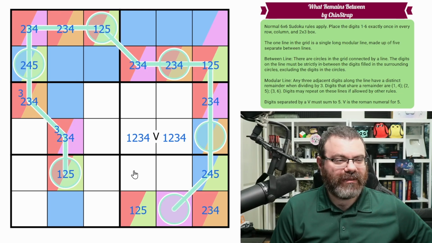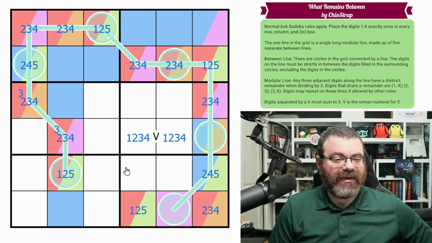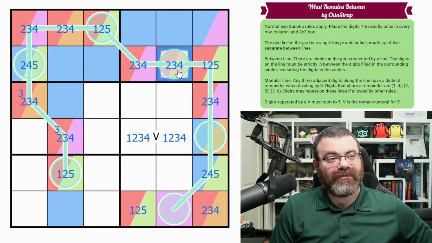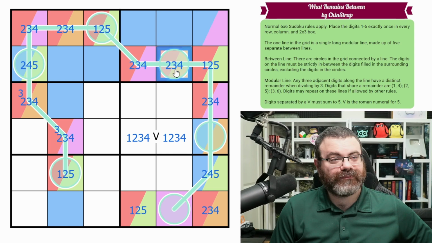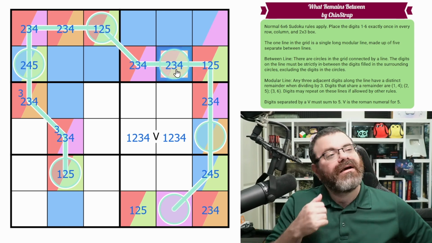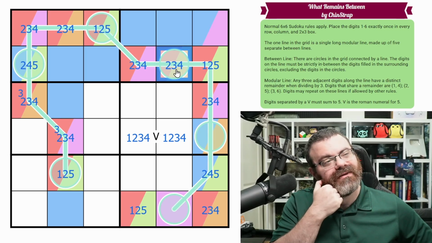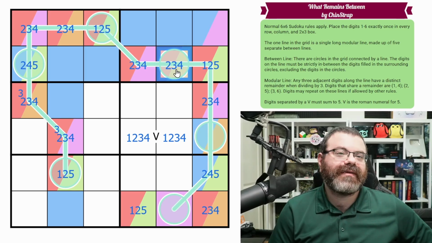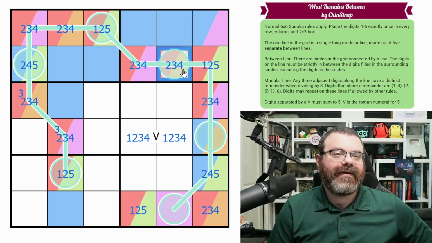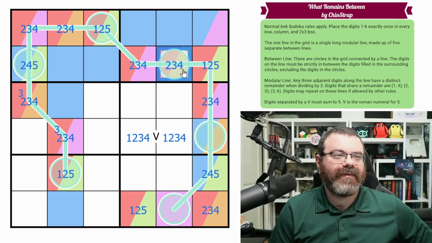Okay. Yeah, we knew red omitted 6. That confirms it. This being 2, 3, 4. I don't think... can it be 3? Oh, it can be. Can it be 4? 4 goes with 1.